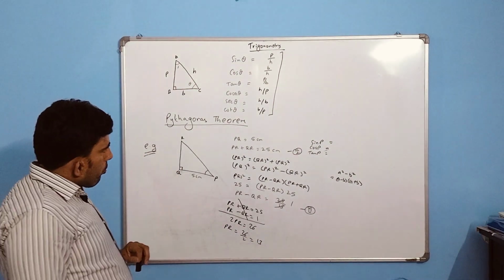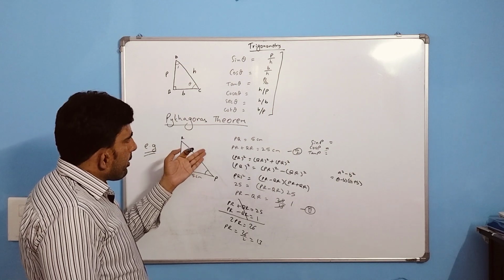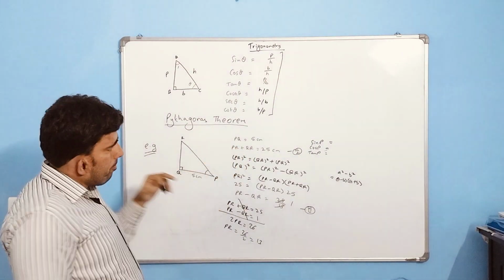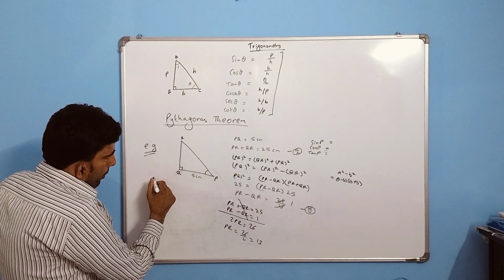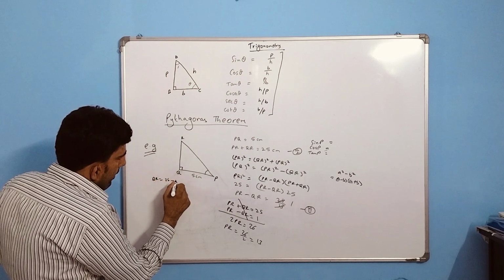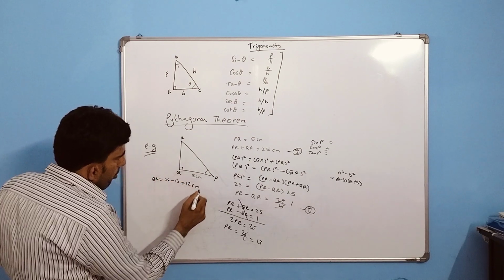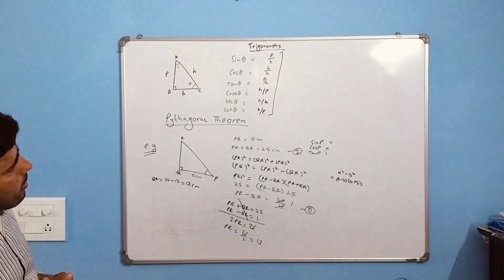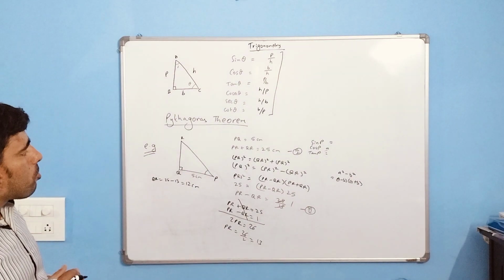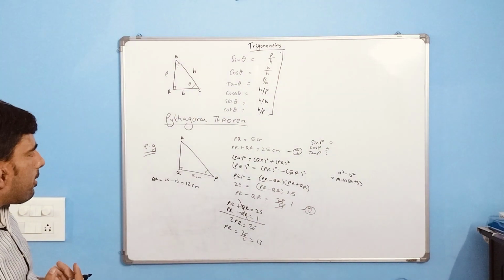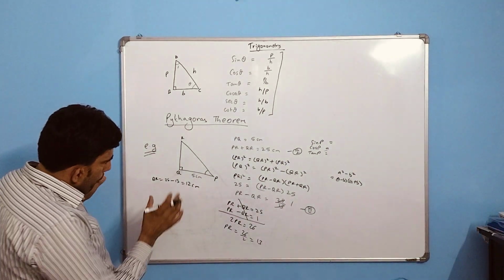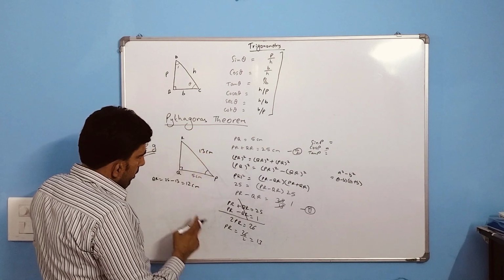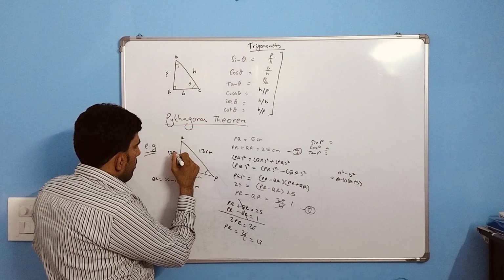So finally we are able to calculate this side, PR, as 13. Now put this value in the first equation. QR is equal to 25 minus 13, which is 12. So finally I am able to find these two sides: PR is 13 centimeters and QR is 12 centimeters.